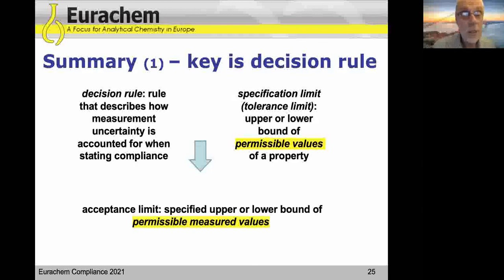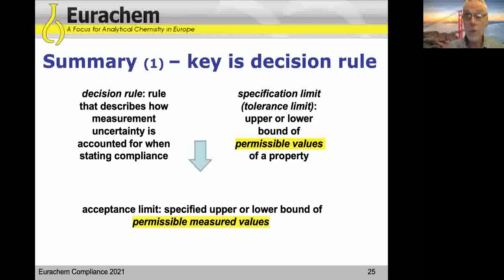So let's summarize. The key in decision is the decision rule, together with the specification limit. And the decision rule can hopefully be very detailed in order to help you to make the decision. And from that, we can calculate the acceptance limit, which could be the same, that is shared risk, which was very common previously.